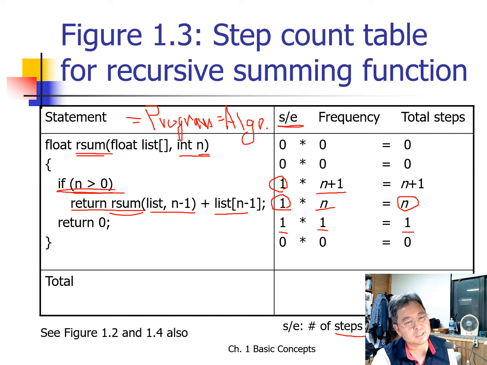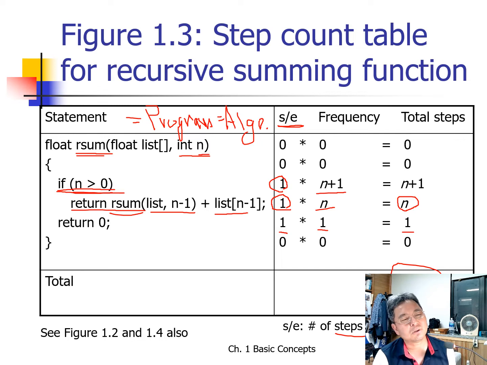So in this program, we can sum all of these steps, the total steps. That becomes 2n plus 2. Okay, so that is the total step counting of this program.